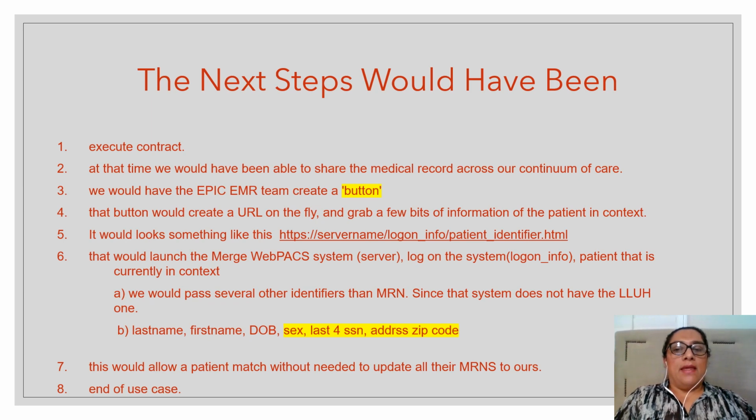Once those are met, the buttons will be able to link information and share that across the continuum, and doctors will be able to see images of the patient's exams done at the facility.